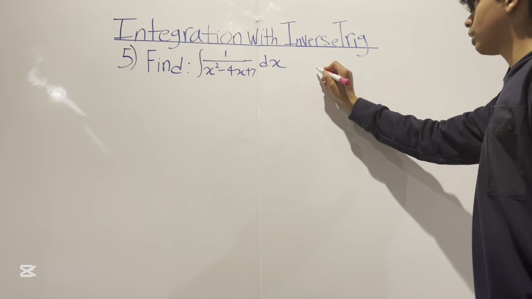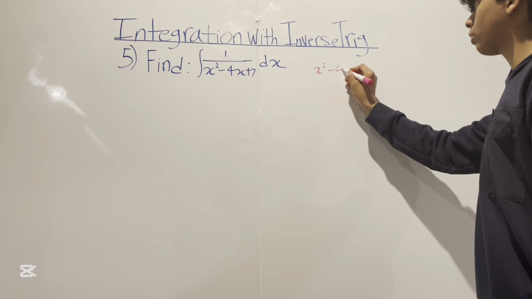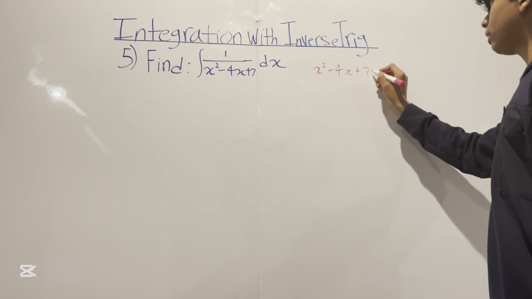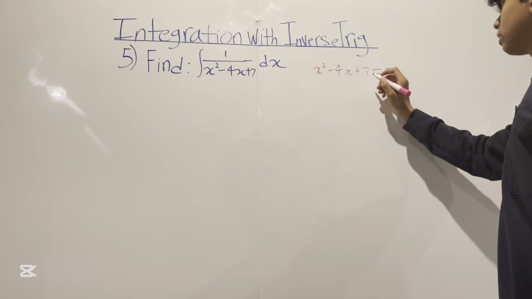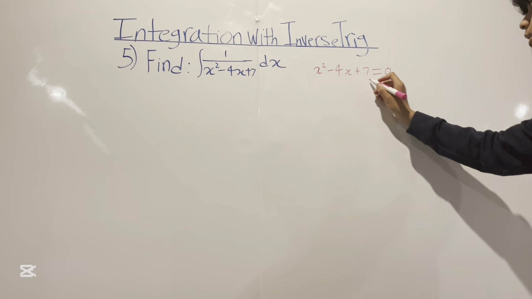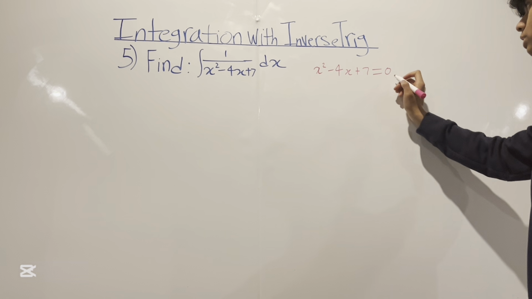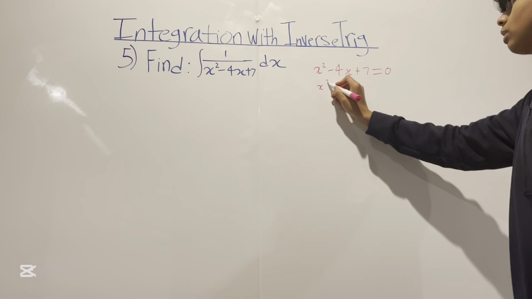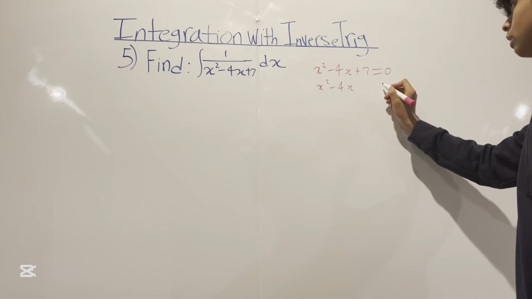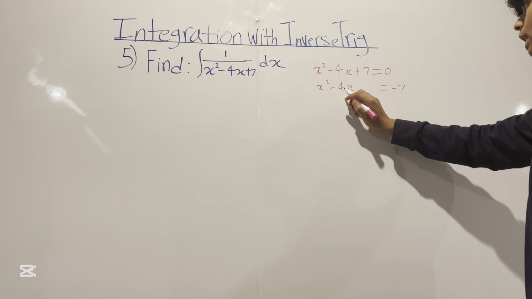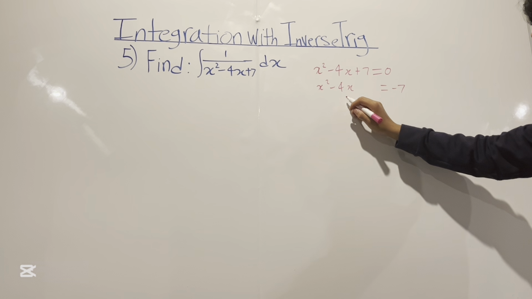So let's just do that over here. So x squared minus 4x plus 7, and that's going to equal 0, just for now. And we're going to move c, because this is in the form ax squared plus bx plus c. And we're going to move c outside. So x squared minus 4x equals negative 7. And we're going to take b divided by 2 and square that.